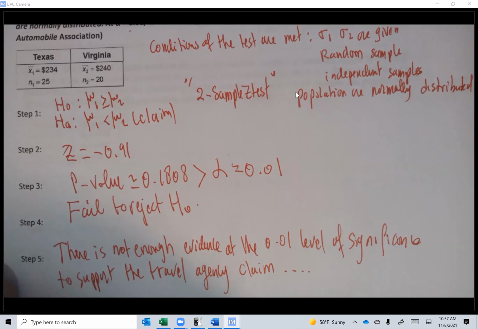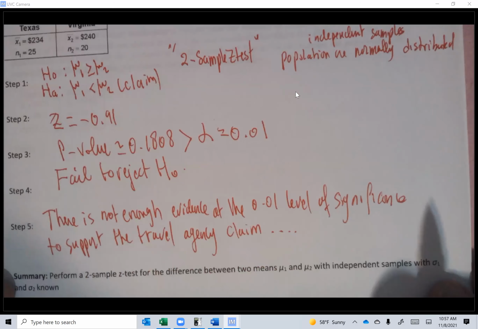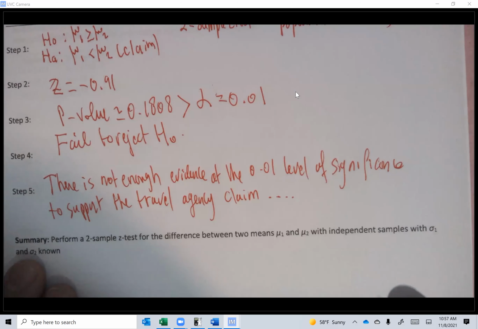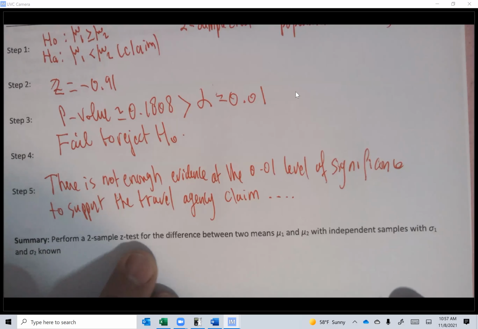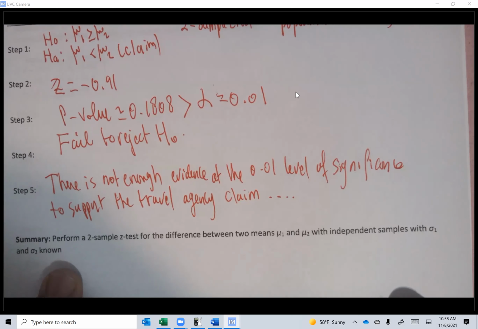Any questions, guys? And in summary, I'm just going to do one more example, guys. And as I promised, I want to do another one, another section. Summary. Perform a two-sample z-test for the difference between two means with independent samples when sigma 1 and sigma 2 are known.